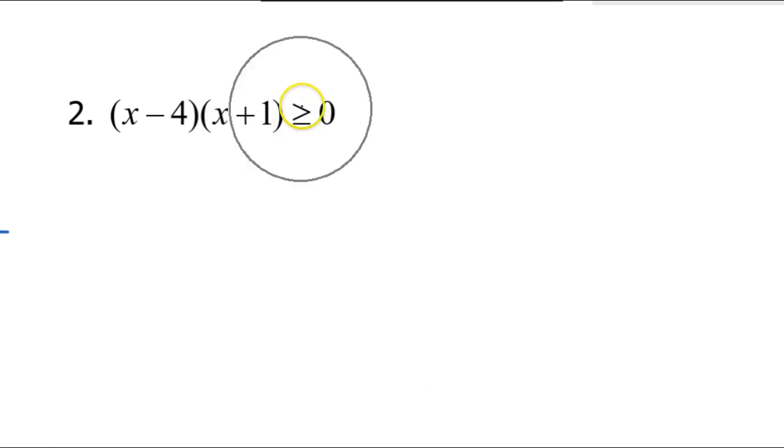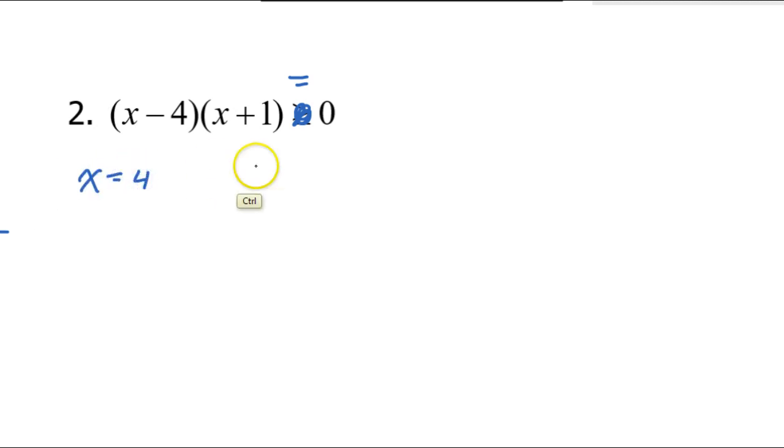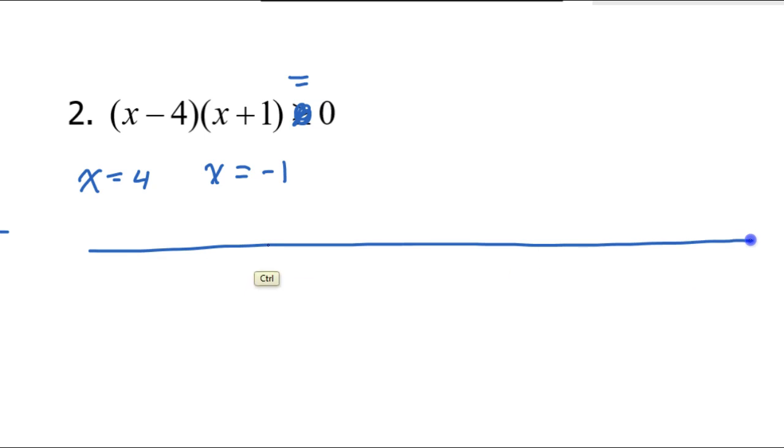So problem number 2, again, I need to solve the related equation. So that's going to give me x is equal to 4 and x is equal to -1. So these are my critical values, which I will use to make a number line. So here's -1 and here is 4.